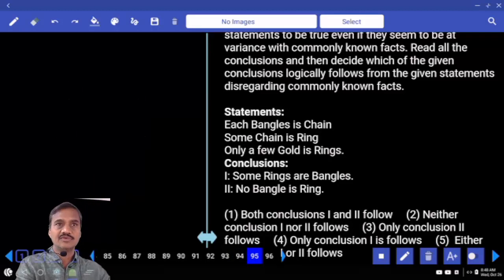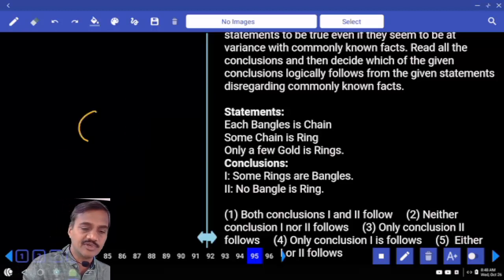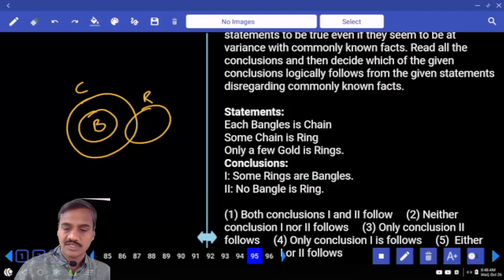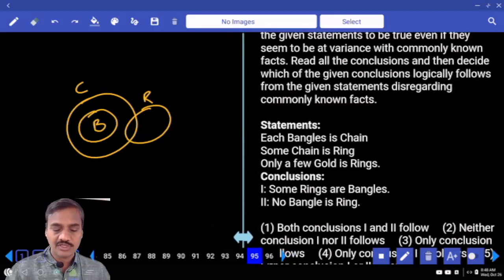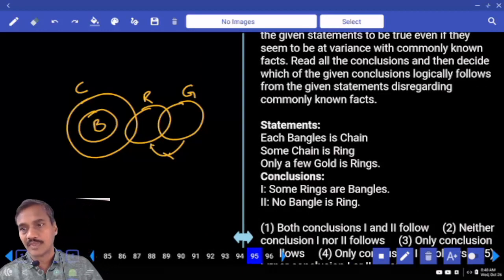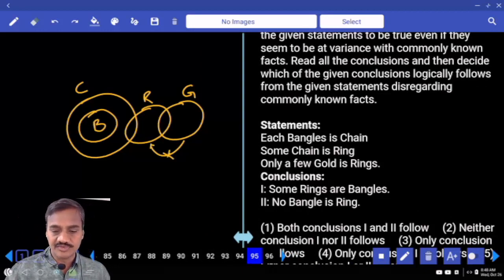Then coming to this 95. Each bangle is a chain. Each bangle is a chain, tell me how to represent this one. Each is nothing but all. All these bangles are chains and some of the chains are rings. And only a few gold is ring. Only few gold is ring means only some gold are ring but not all. And this entire gold cannot be a part of this ring.